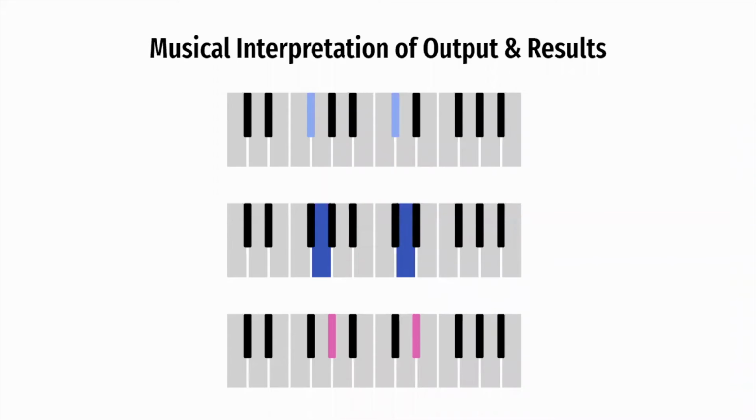Some of the things we saw were similar keys being represented in the output, such as a B flat major key being played in many of the input songs, and there being an output song as well. So that's a similarity that we saw.